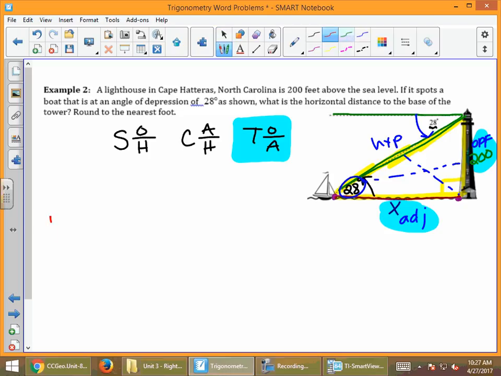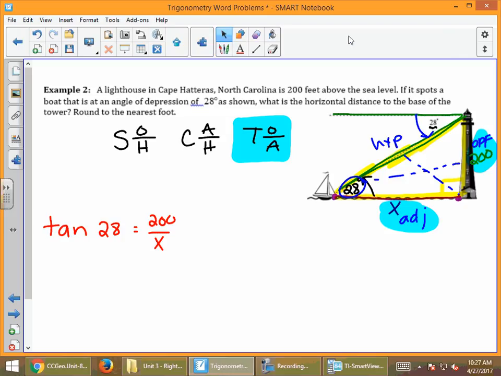So use tangent. You're going to write tan to abbreviate for tangent. Write your angle. And then the ratio. Opposite, which is 200, over adjacent. Remember to solve this when X is down low, that helpful little saying, you switch a row. So the X and the tangent are going to trade places.